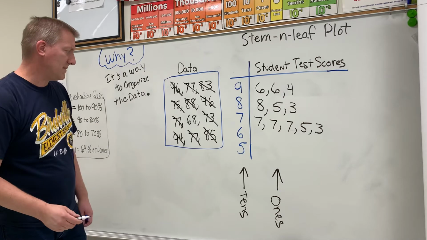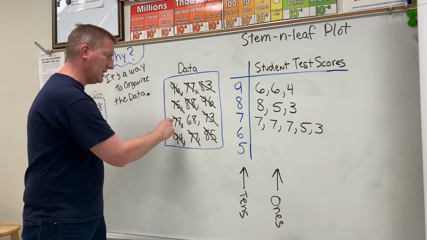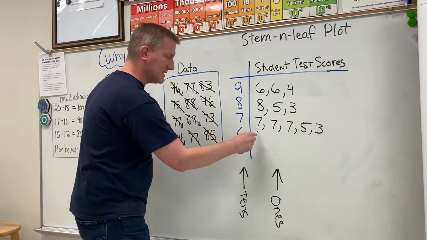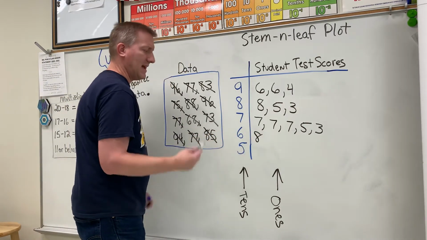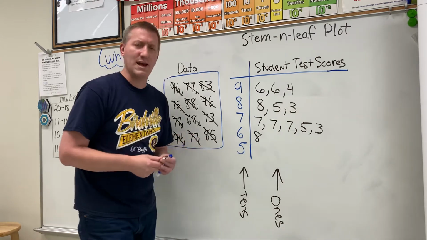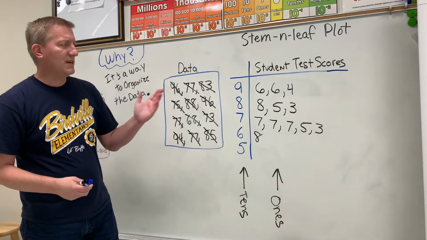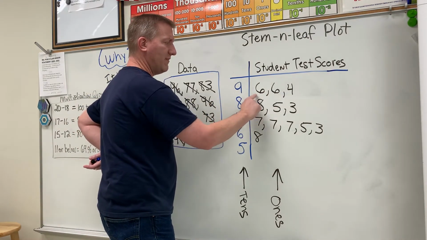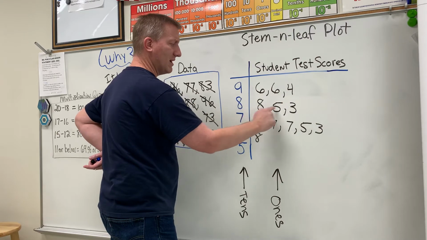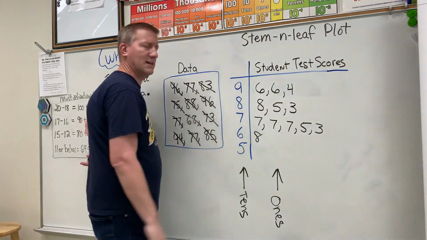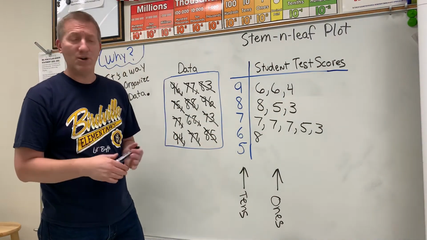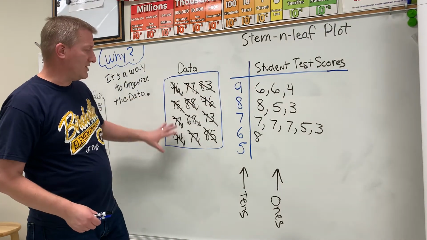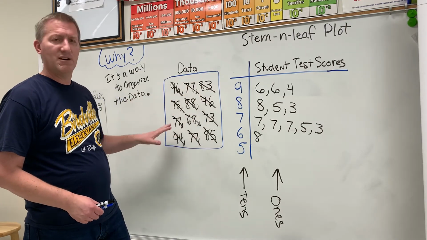Now I'm down to my 60s. That's my only number left. I have a 68. So now I go 68, and that's it. Now I am finished. When you're done, you have an organized chart in order. If you did them from greatest to least, now you have all your scores in order rather than just a jumble of scores over here.